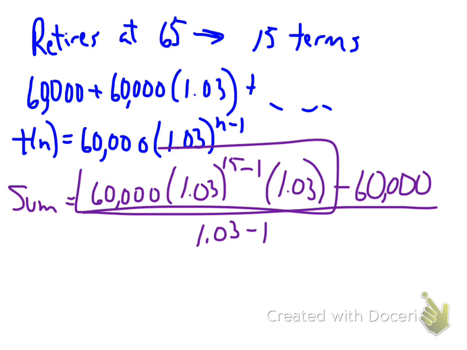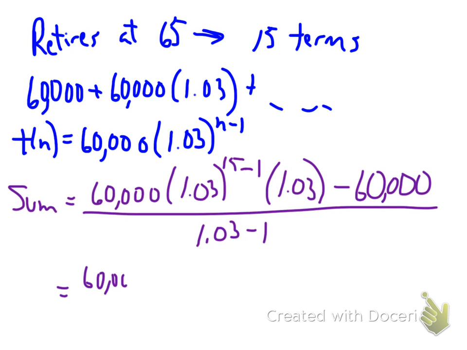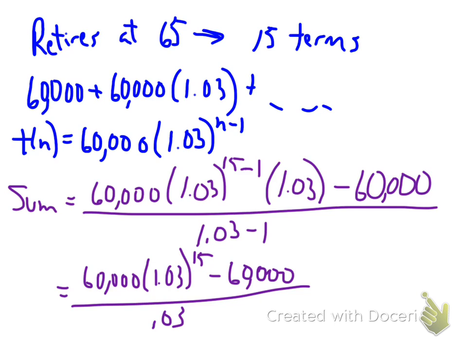Again, simplifying this part right here is going to be 60,000 times 1.03 to the 15 minus 60,000 divided by 0.03. That is going to equal, again, rounding to the nearest cent, 1,115,934.83.